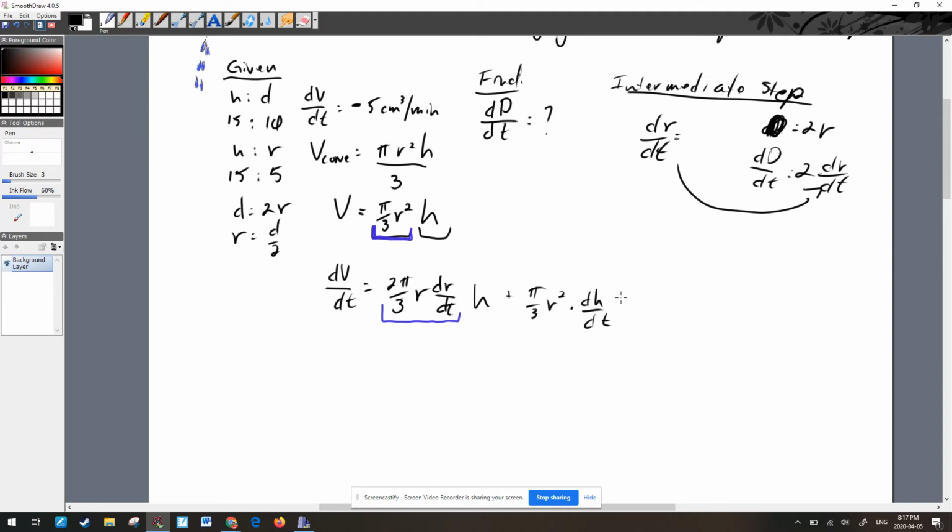And so this is not what I was after. I realize that I've made a relatively challenging mistake here. I get down to this position and I think, uh-oh, I've got a dr by dt and a dh by dt, and there is going to be a relation. But in retrospect, I probably should have done this differently. Having thought about it ahead of time, I would have realized there's a ratio between height and radius.